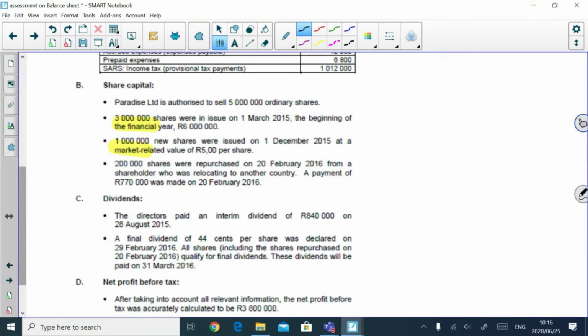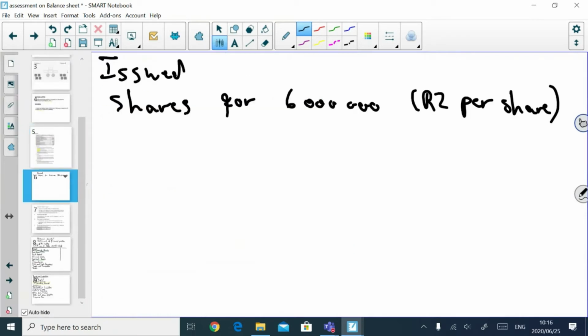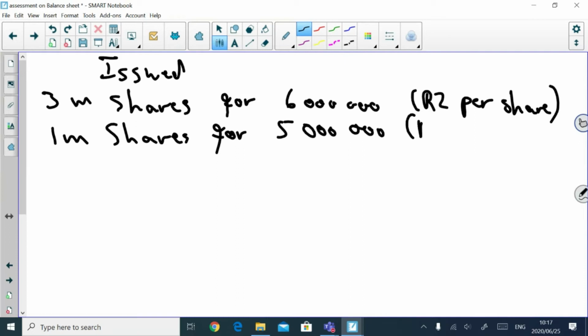So that is a higher value than this one. A further 1 million shares sold for 5 million, which is 5 rand per share.